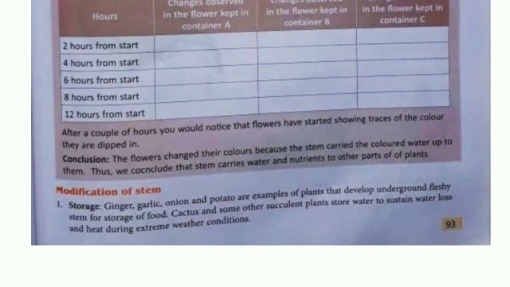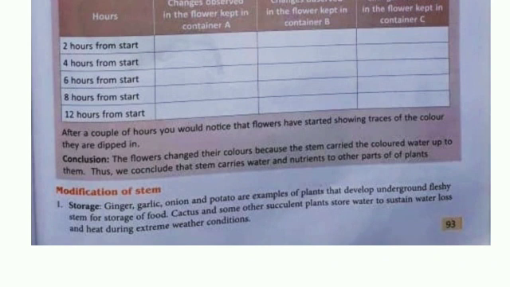Again, these are for storage of food. One plant is also modified for storage of water, that is cactus, and some other succulent plants. Succulent plants means desert plants. They store water to sustain and prevent water loss, and also heat during extreme weather conditions.